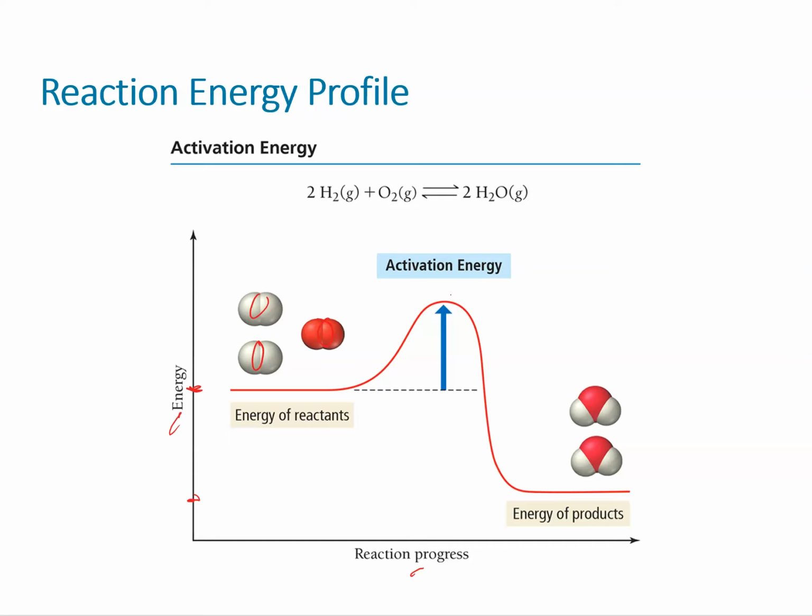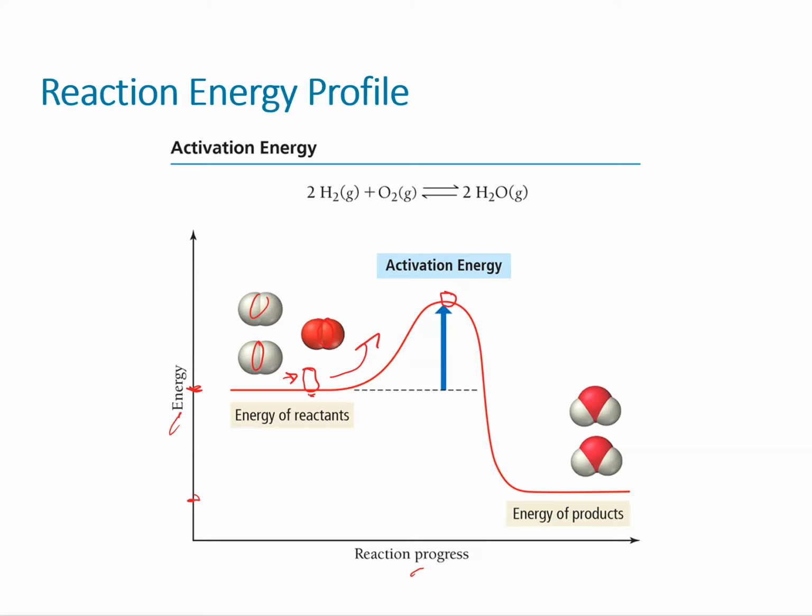That's going to cause an energetic barrier to the reaction. So you can think of this as an investment of energy, where if this was a physical hill and we had a ball and you were pushing the ball up the hill, once you got it to the top of the hill and you rolled it down, it would be happier down here in terms of potential energy than it was here.